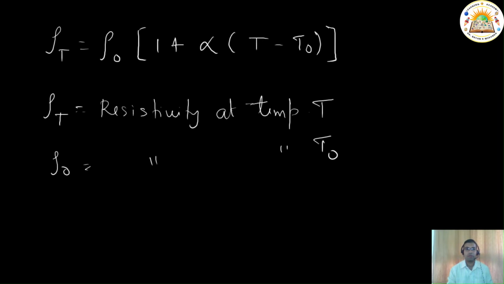So we have a reference temperature and then we have another temperature where we can measure rho T. Alpha is the temperature coefficient of resistivity.